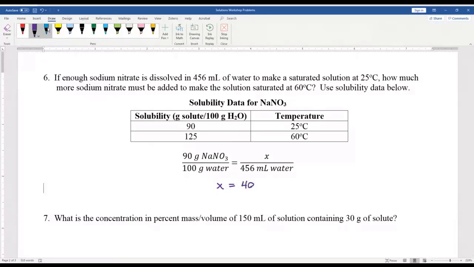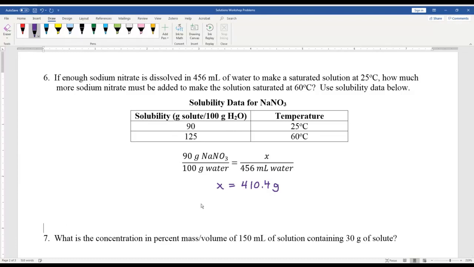For significant figures purposes, I might just stop this at 410. But yeah, 410.4 grams. We're not paying close enough attention to sig figs right now. That's okay. We're not supposed to take sig figs till the very end anyway.